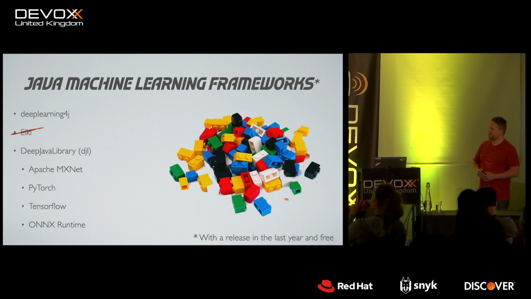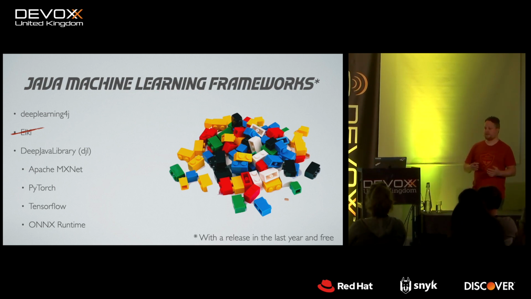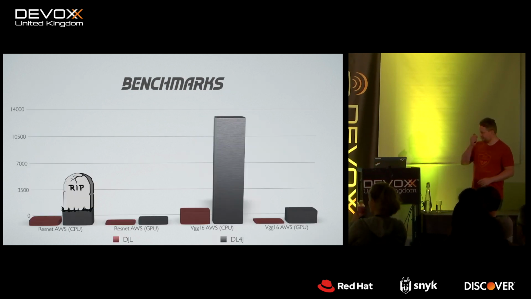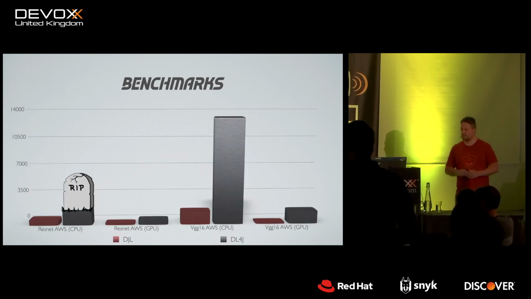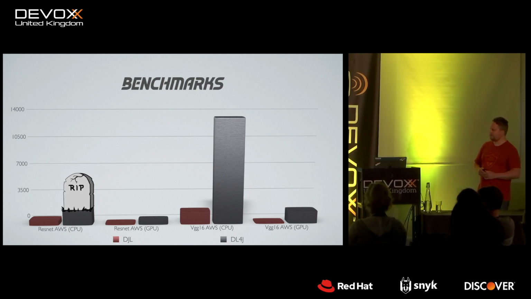Then we got the Deep Java Library, or DJL. DJL has a wrapper around existing machine learning frameworks, like TensorFlow and PyTorch, so that also looks nice. A year ago, I looked into that and did some benchmarks. I ran these benchmarks on an AWS machine with a GPU on it. With DJL, results are quite good.